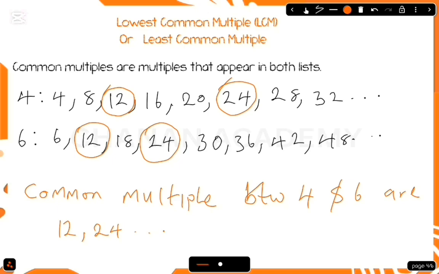If we had given the full list, you would have seen numbers such as 36 and others. So these are the common multiples.